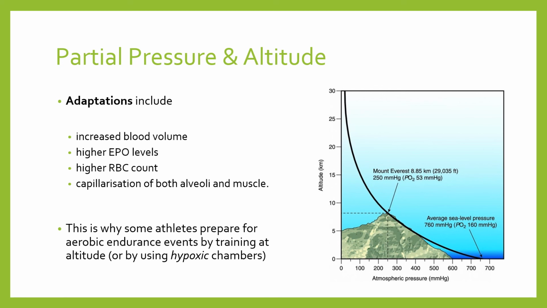It also works if you stay at sea level but use what's called a hypoxic chamber. Hypoxic just means low oxygen, and it has the exact same effect as training at altitude, because the body recognizes it's low oxygen and goes through the same adaptations. So some athletes will deliberately either go and train at altitude or recreate the conditions of altitude in order to get these adaptations so that they can be better at their aerobic endurance events.